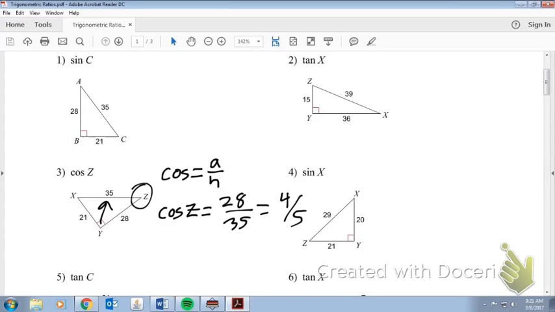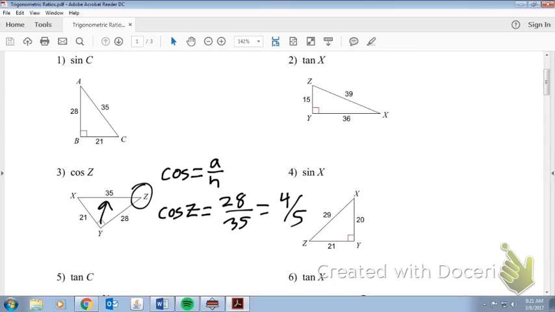So notice how the proportions of the triangle in number 3 are exactly the same as they were in number 1. They're both 21, 28, 35 triangles.